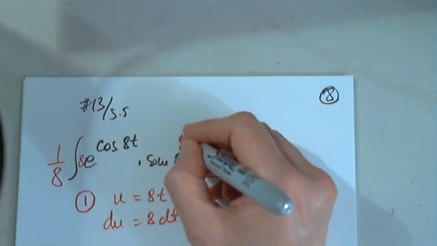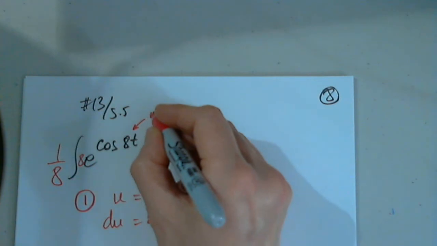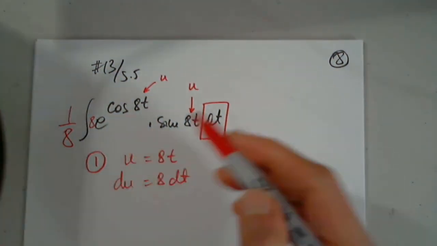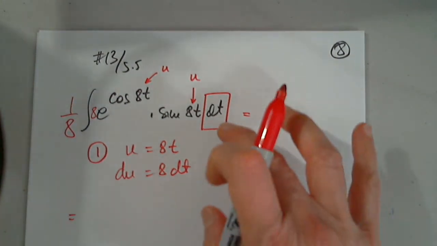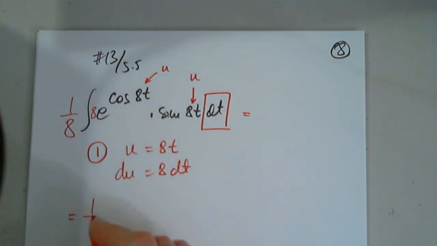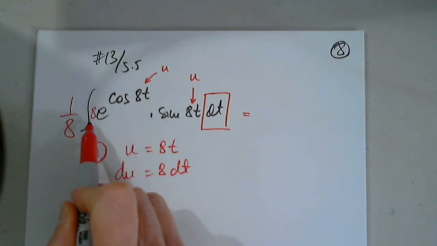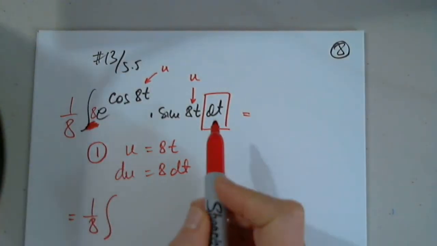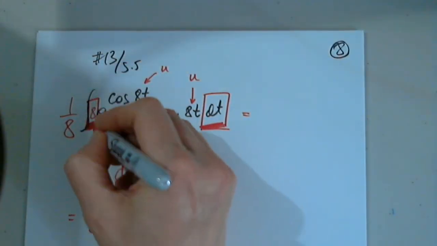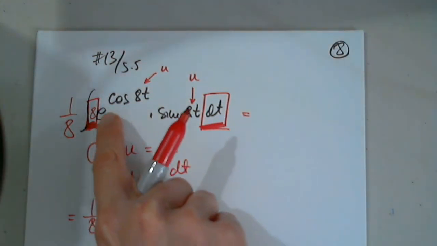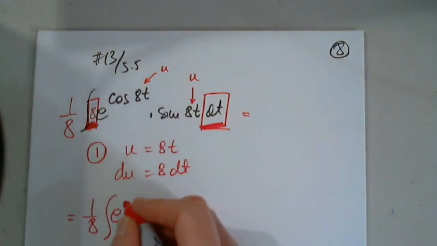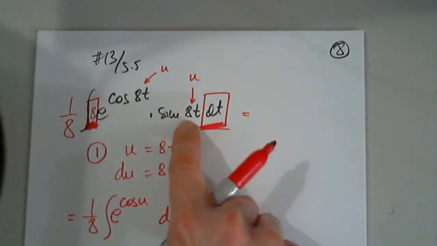And this will be u. This will be u. Everything else will stay, but the integral will become an integral in u. So 1 over 8, the integral from this piece with this piece form the du. This one is e raised to cosine u. And this one is sine u.